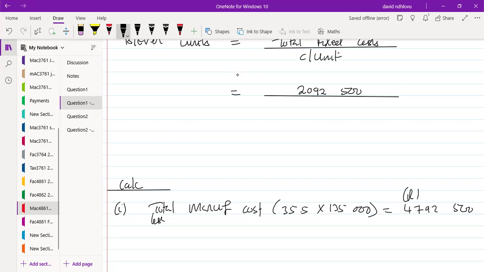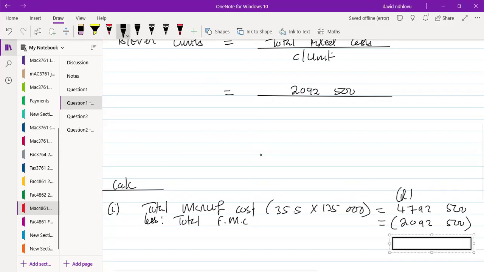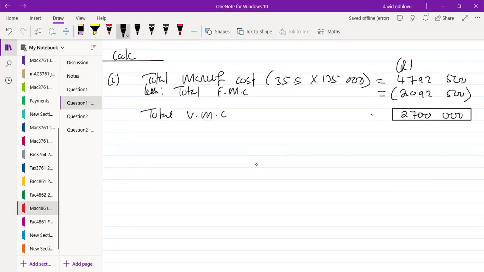Then if we now less the total fixed manufacturing cost, which is given, that total of 2,092,500, it simply means the balance should be the variable cost incurred for the year. So therefore we have a total of 2,700,000. That's our total variable manufacturing costs. Are we on the same page, good people? Are we clear?